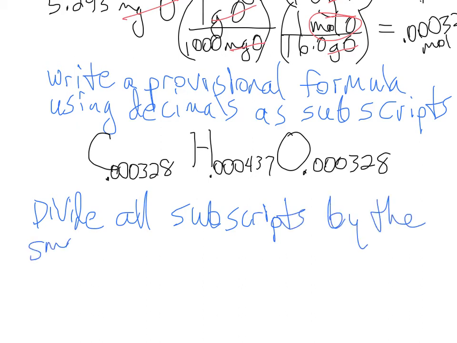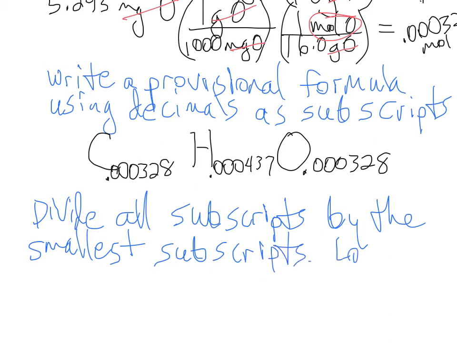Next, once you've got your provisional formula, look at those subscripts and find out which one is smallest. And we'll divide all of the subscripts by that.